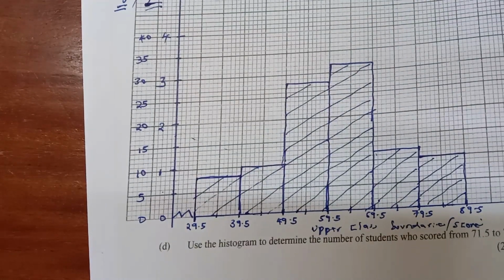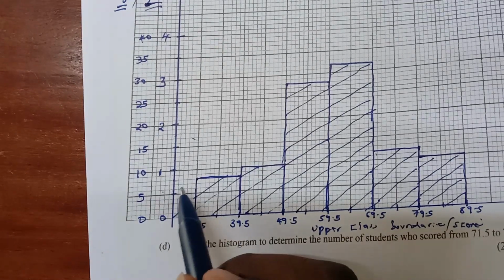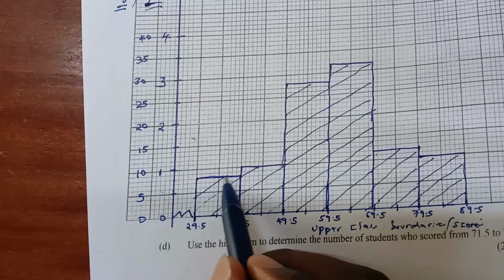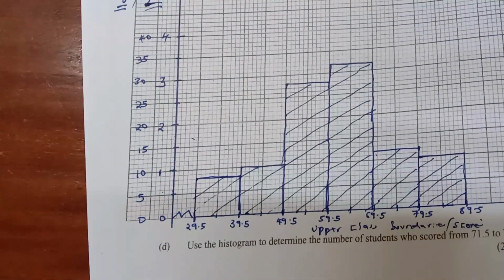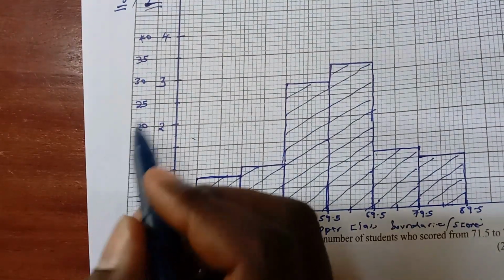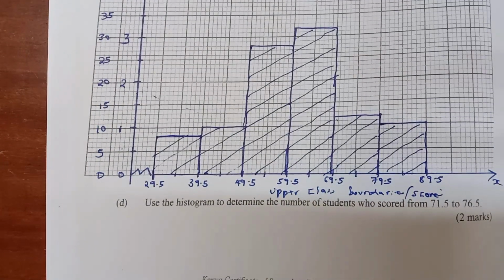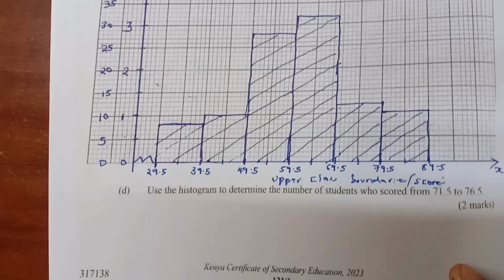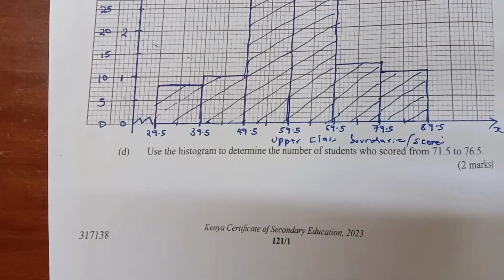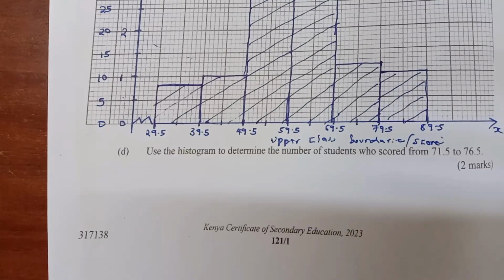Now, if you use frequency, you plot the class boundary 29.5 to 39.5 against 8 at this particular place. So it will still be the same histogram, but this one now you have used frequency against the upper class boundaries. Then use the histogram to determine the number of students who scored between 71.5 and 76.5.